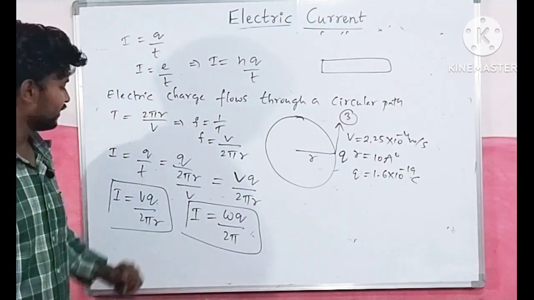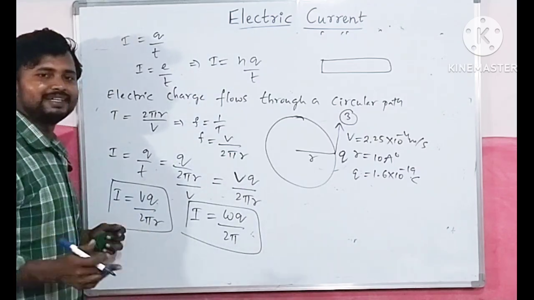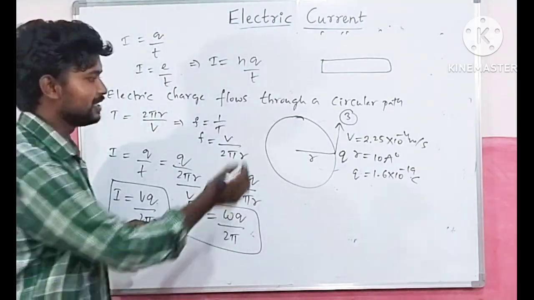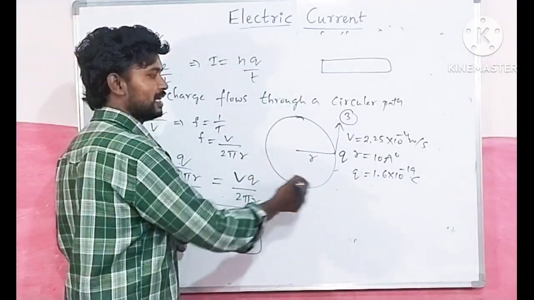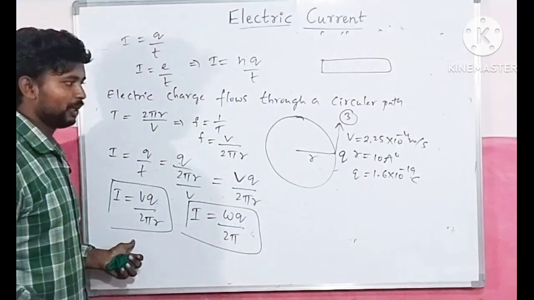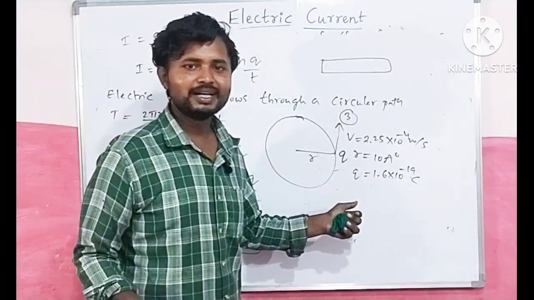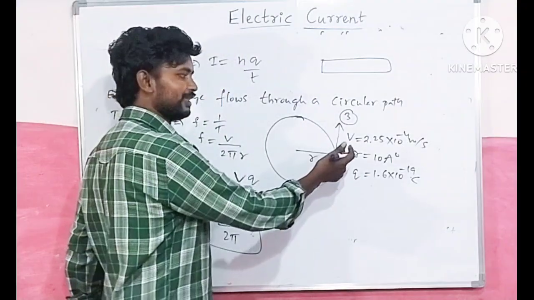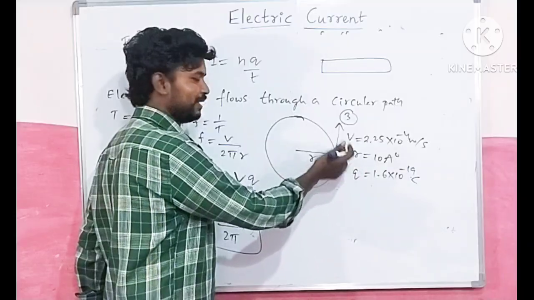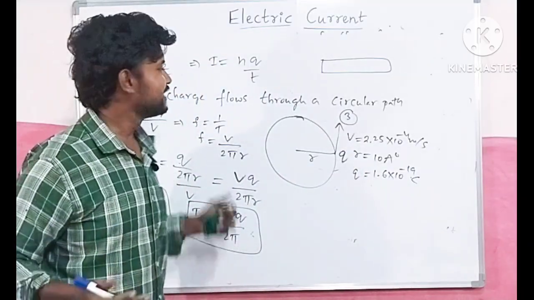This is how to find the current when a charge is flowing in a circular path. When you put these values in this formula, you will get how much current is flowing through the circuit. Solve this problem and put in the comment box how much current is flowing through the given circuit.